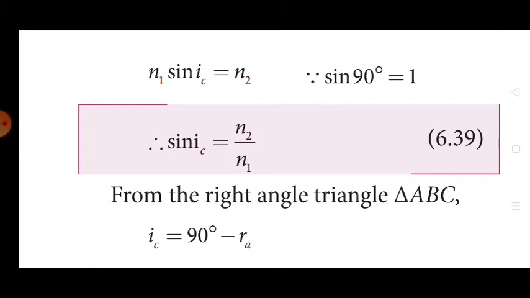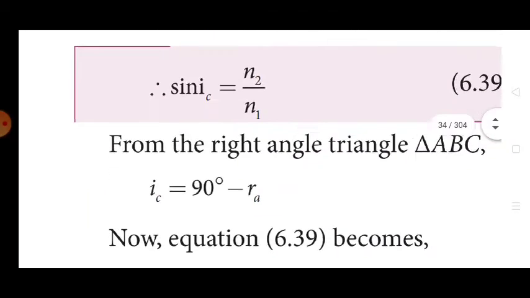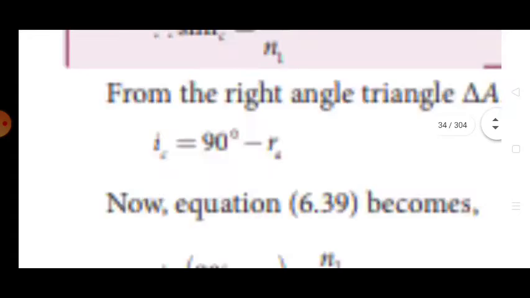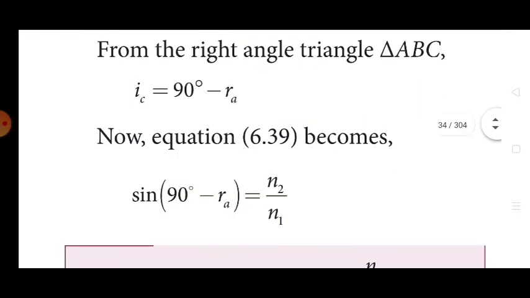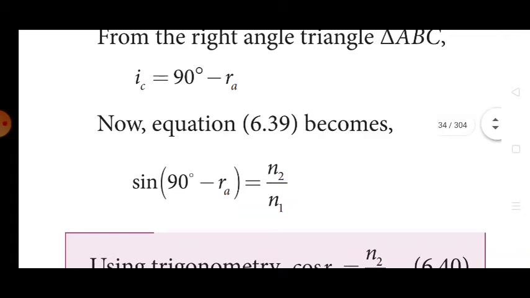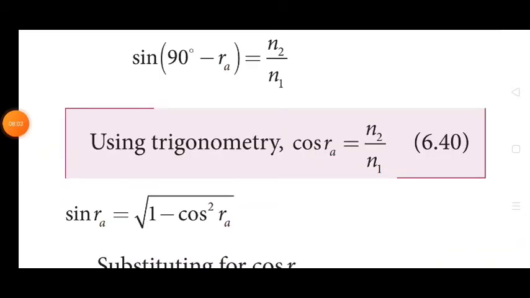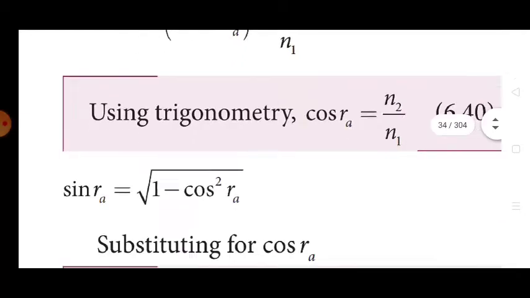From the right angle triangle ABC, IC is equal to 90 minus RA. Now the equation 6.39 becomes sin of (90 degree minus RA) is equal to N2 by N1. Using trigonometry, cos RA is equal to N2 by N1, and sin RA is equal to root of 1 minus cos square RA.